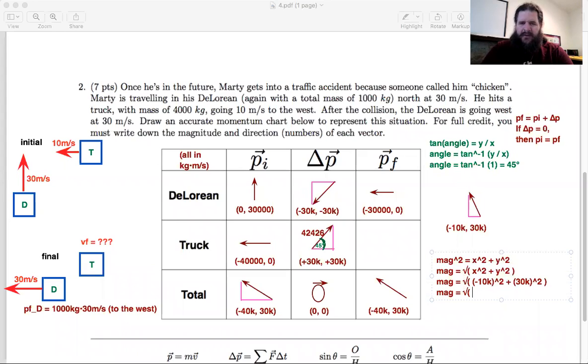So 10 squared would be 100. 30 squared would be 900. And those would both be in units of 1,000 squared, or million. 100 plus 900 would be 1,000. So 1,000 times 1,000 squared, in other words, a billion.